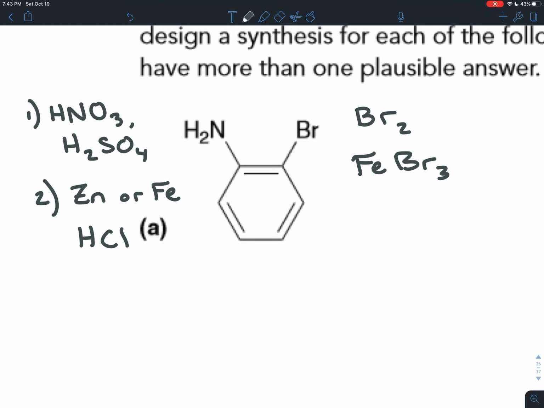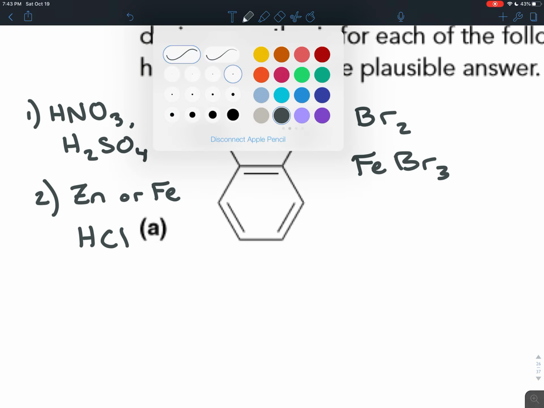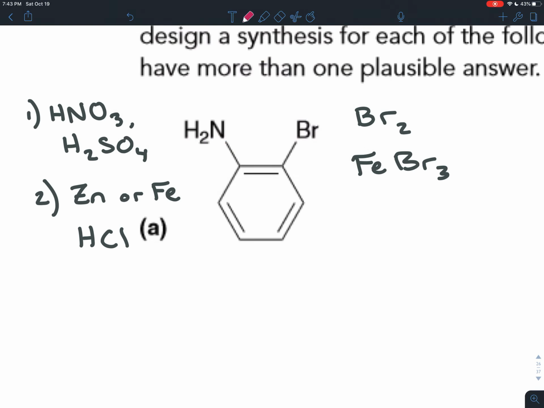Now let's think about the order that we have to do them in. Bromine is a weak deactivator. It's a halogen. So this bromine is a weak deactivator, and it is ortho-para directing.